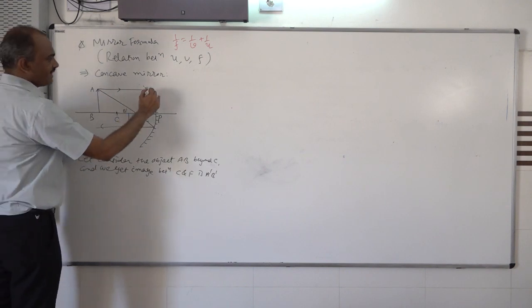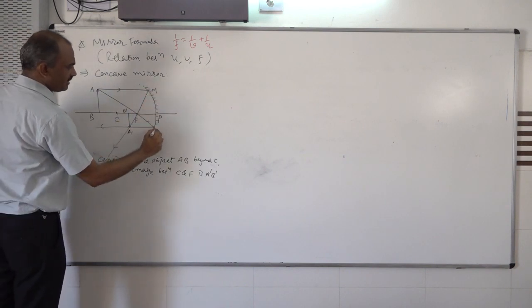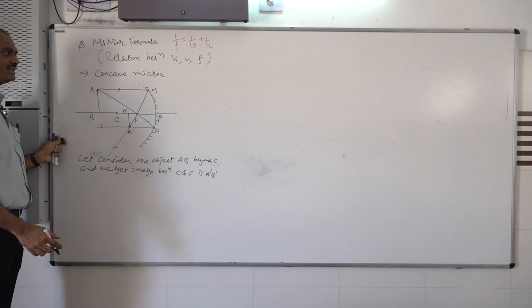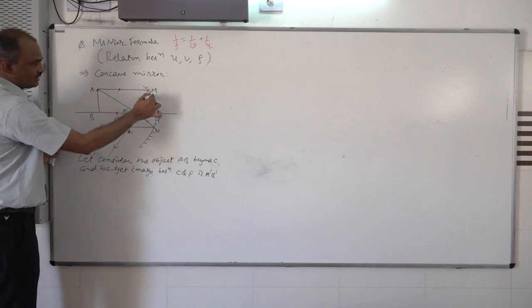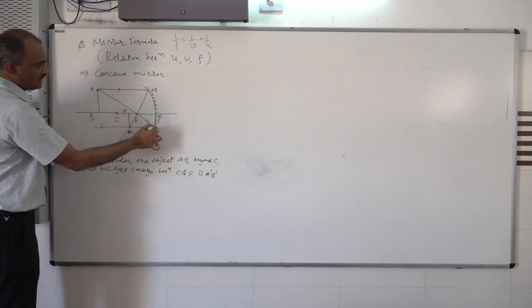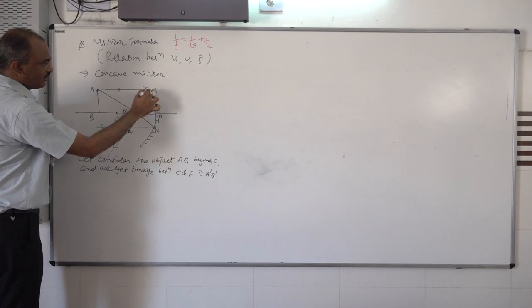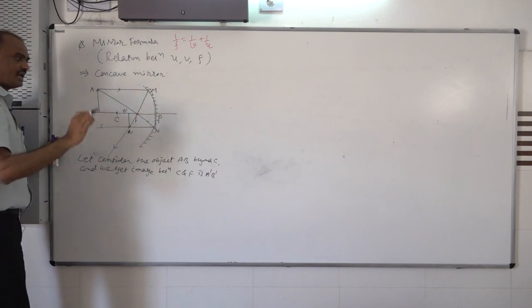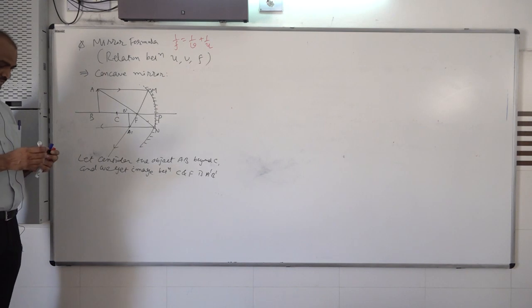We consider this point as M and this point as N, and we draw a straight line over here. We can consider that M and N lie almost on the spherical mirror.